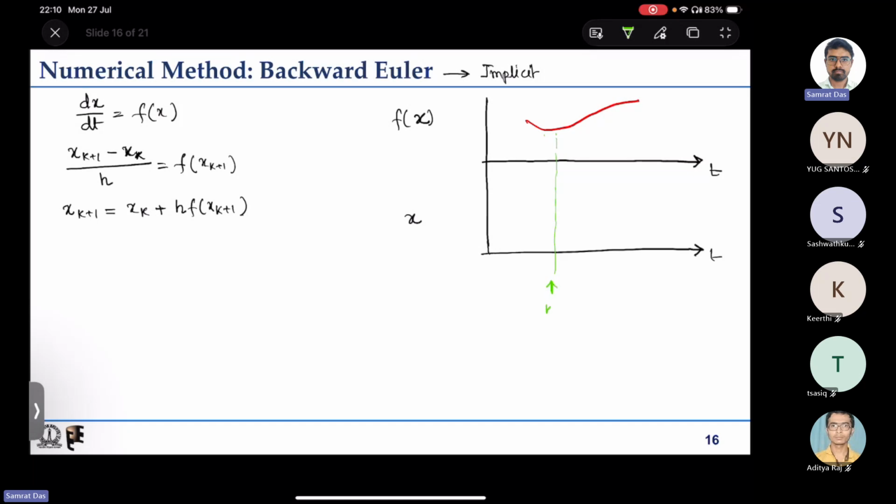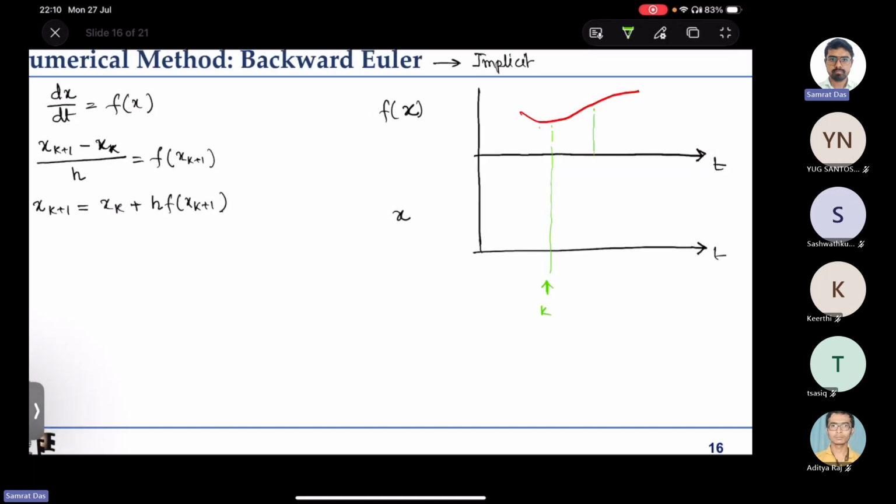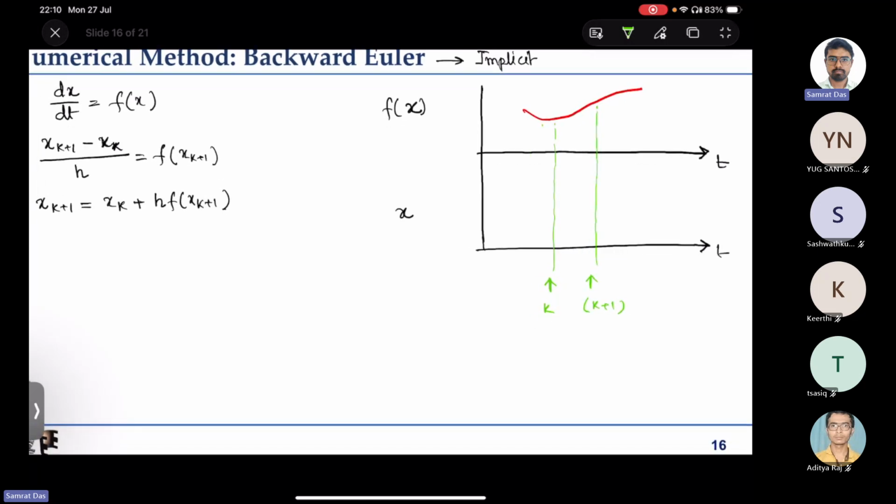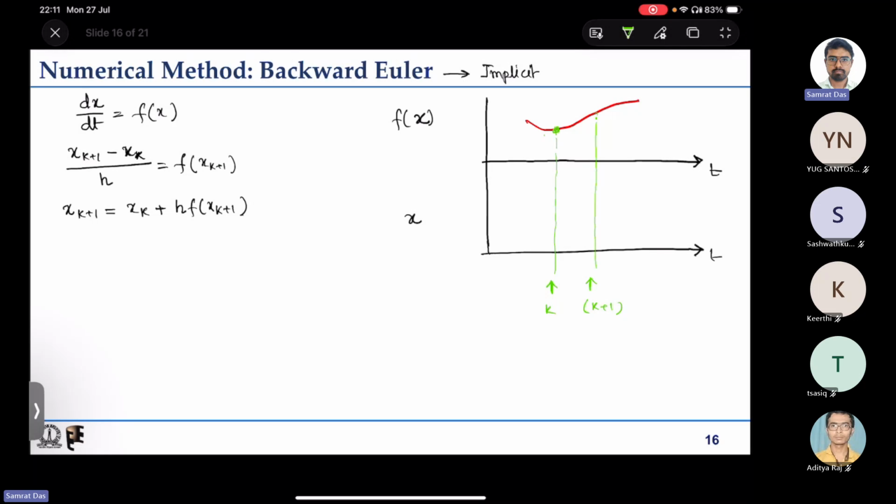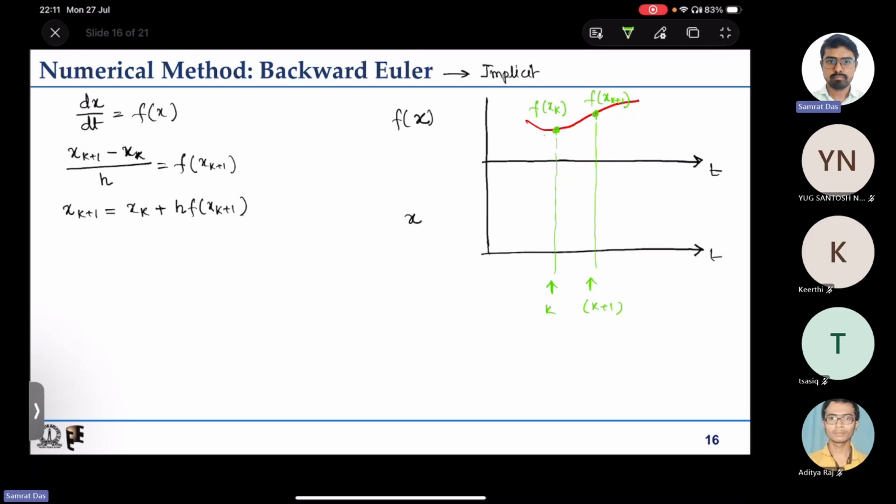Say this is k, and say this is k plus 1. So this is f of xk, and this is f of xk plus 1. In this case, we need to do the integration of f of x from the kth instant to the k plus 1th instant.